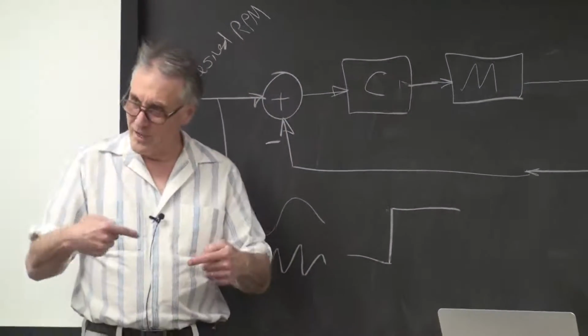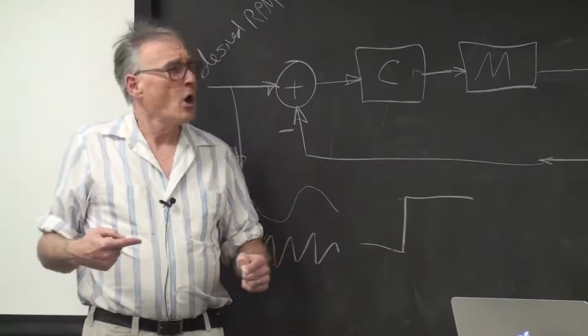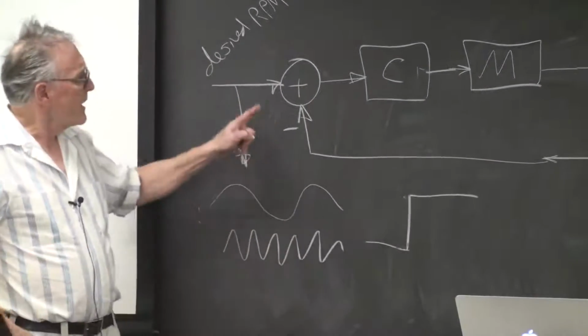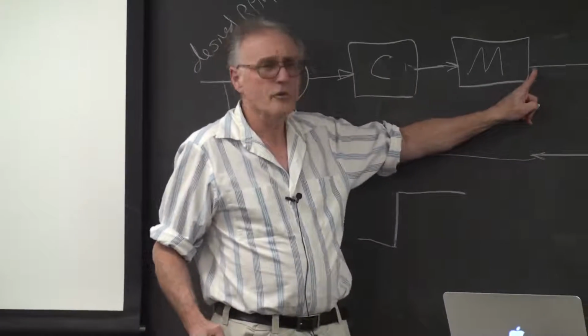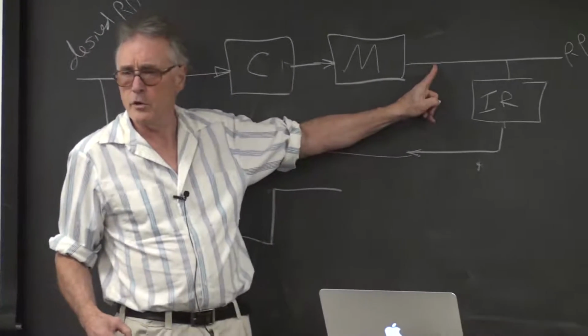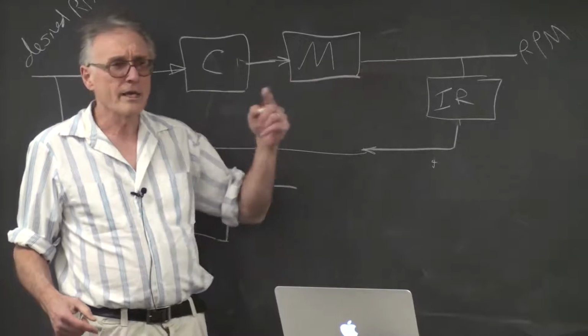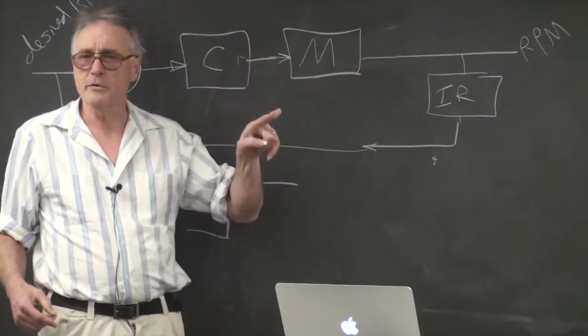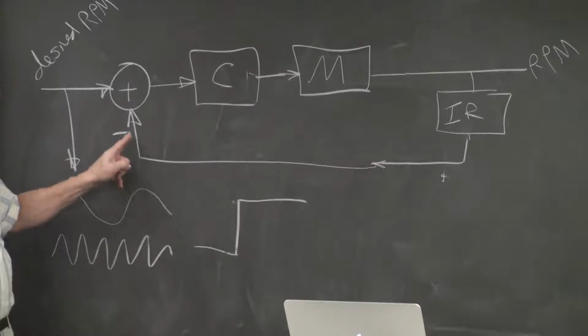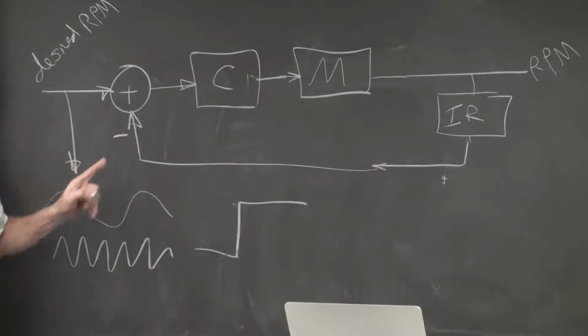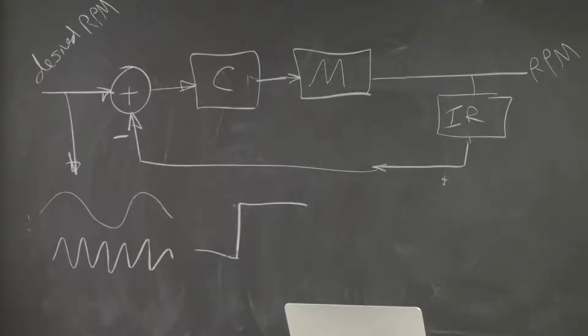To further motivate this, we can say, okay, if we go to high frequency and there's a phase shift of 180 degrees through the motor, 180 degrees turns a positive number into a negative number. And so when we feed this back, we're going to get an addition here rather than a subtraction.